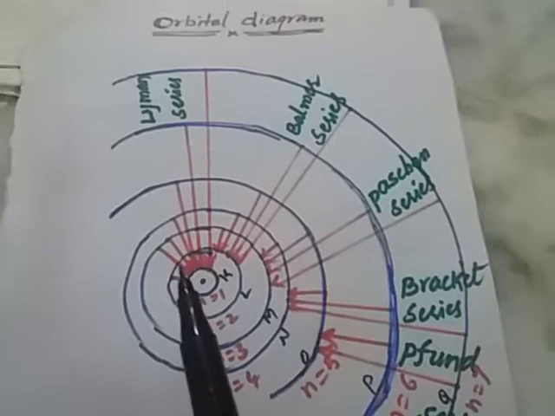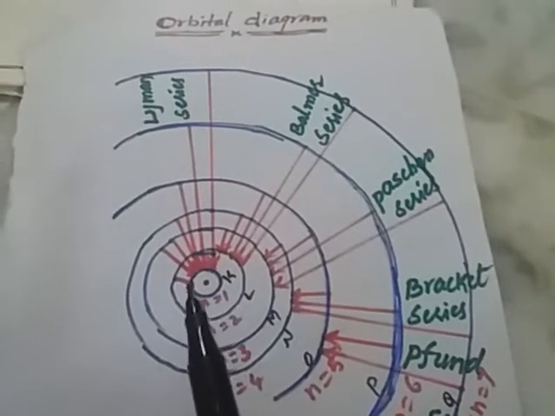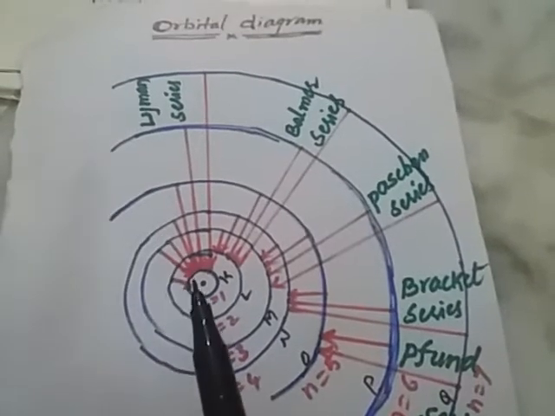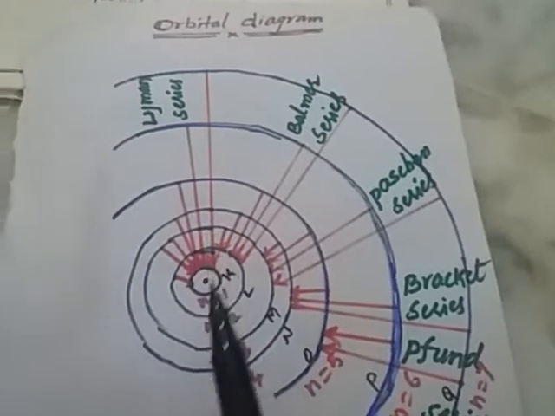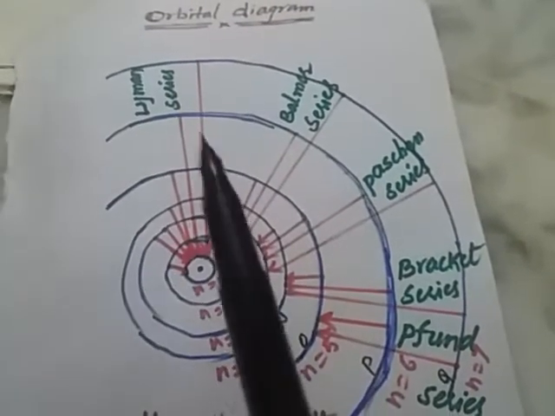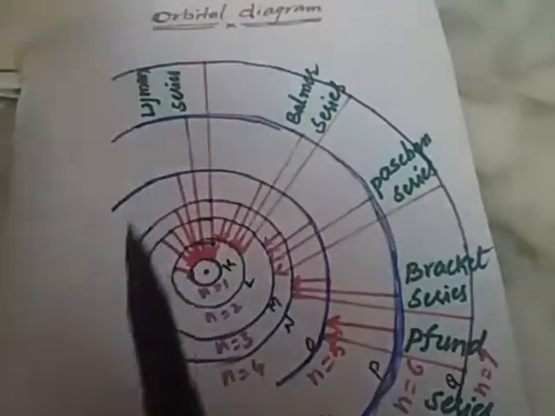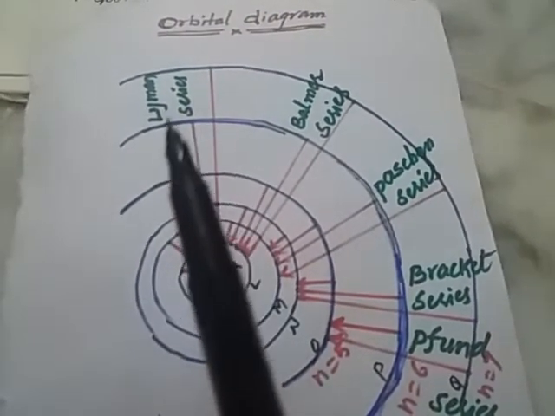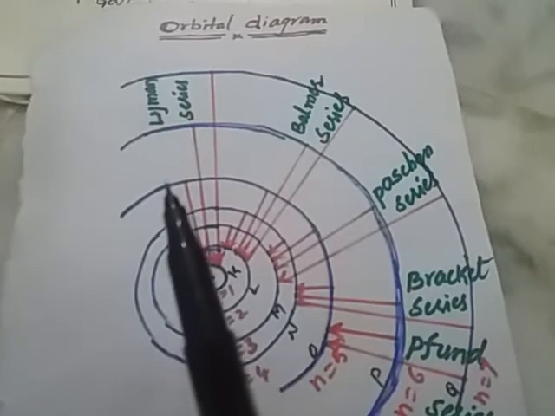Here n equal to 1 is the first orbit, and the electron jumps from the second, third, fourth, fifth, sixth, seventh, eighth orbits and so on. Here continuous lines are produced. These continuous lines are called the Lyman series.